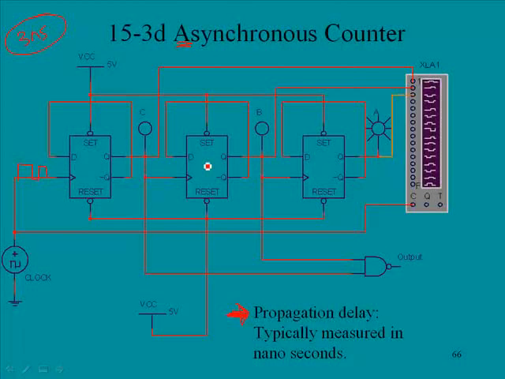However, if you have, in this case, 3 flip-flops, then it's going to jump up to 9 nanoseconds. That's the propagation delay, from the time of the input till the time of the last output, in this case 9 nanoseconds. But if we have a large circuit, say 20 or 30 flip-flops in a row, then suddenly the nanoseconds begin to add up.